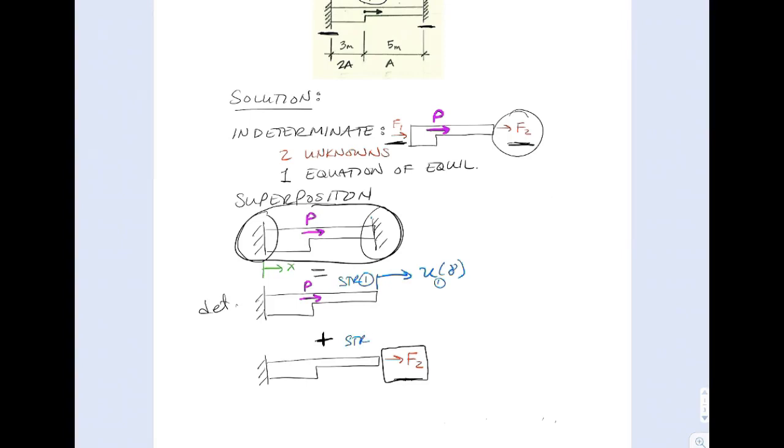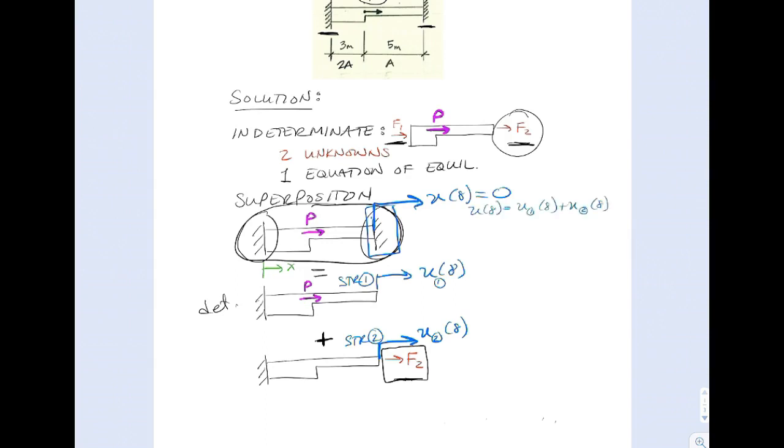Here will be structure 2, which also has a deflection at 8 meters. Back up here in the actual structure, that wall is a constraint holding the displacement at 0. So this will unlock the superposition. We're going to need to constrain those deflections at the right end.